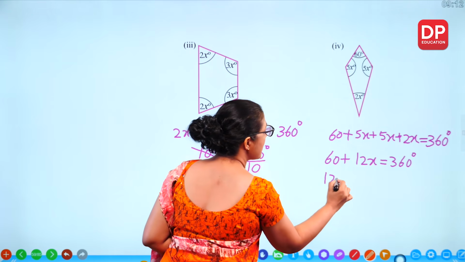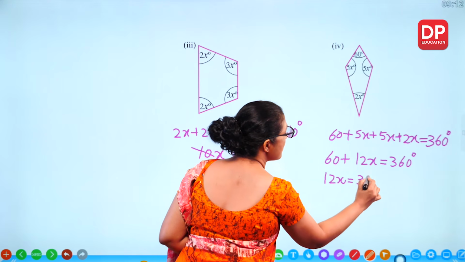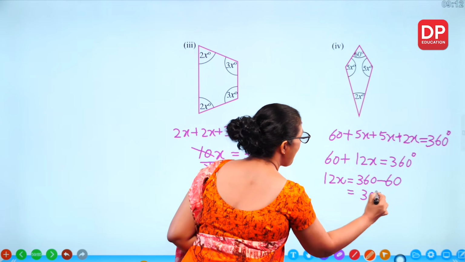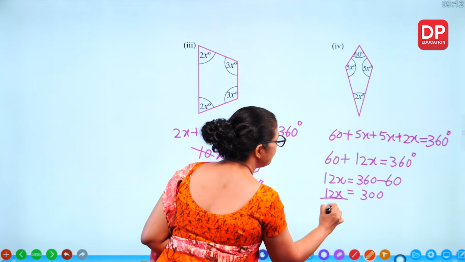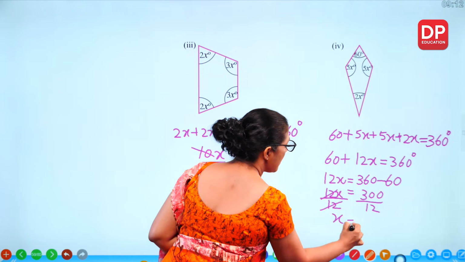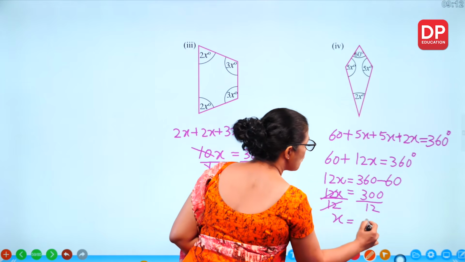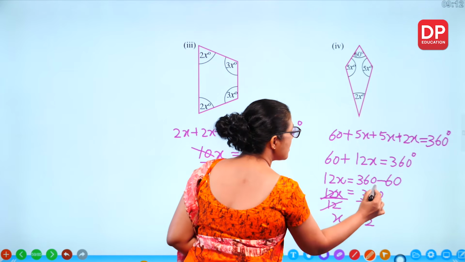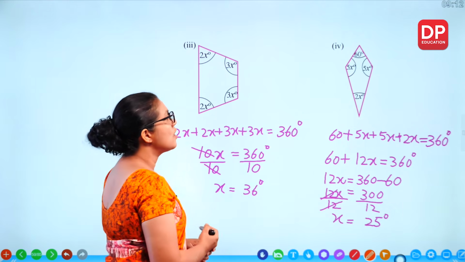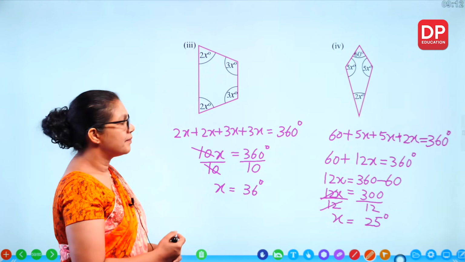So 12x becomes 360 minus 60. That's 300. Divide by 12. You get x value, 25. So x becomes 25 degrees.